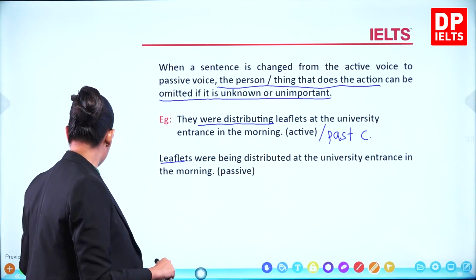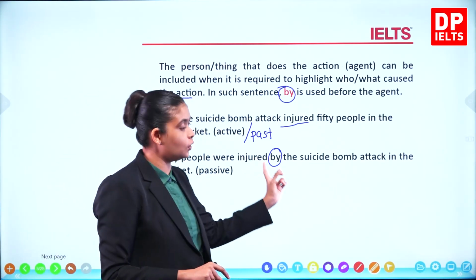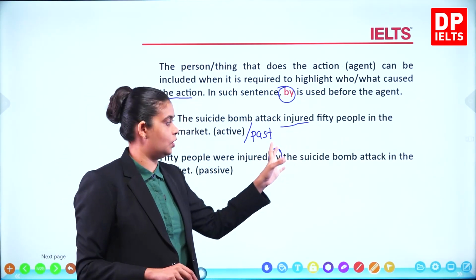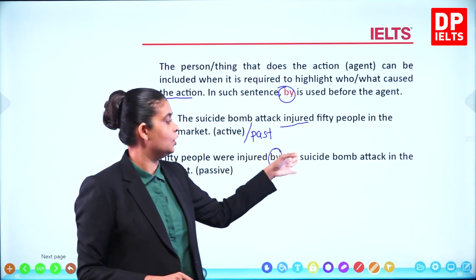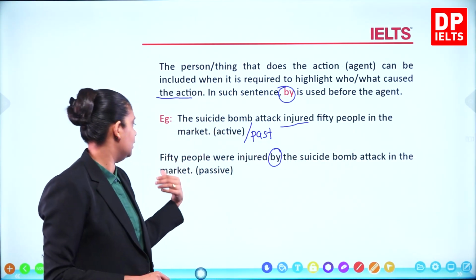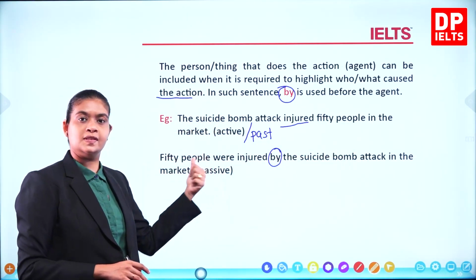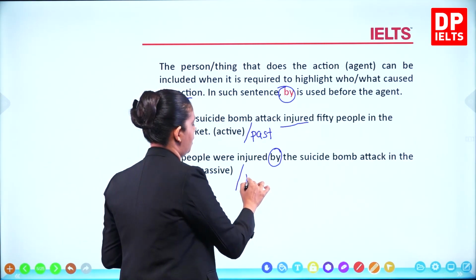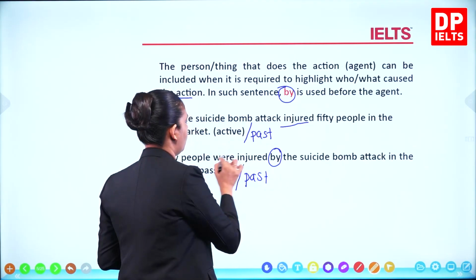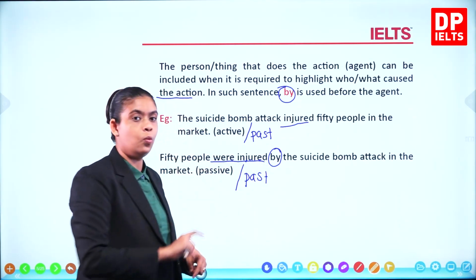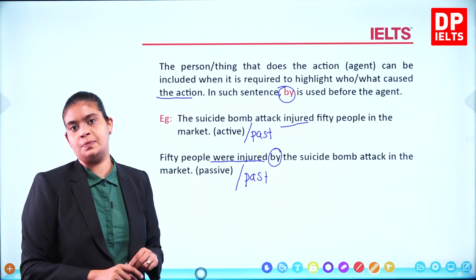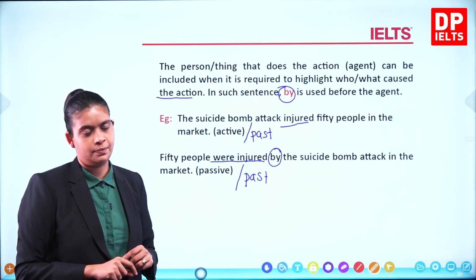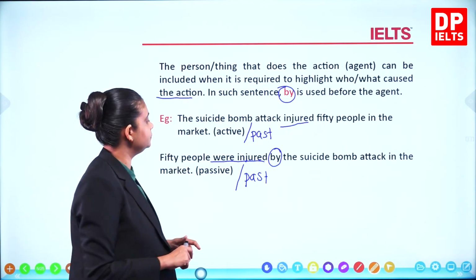Alright, so in this one you have by because it is important and you want to say it was done by the suicide bomb attack in the market. So this is passive and it still remains in the past tense because were injured. Were plus the past participle of the main verb. Alright.